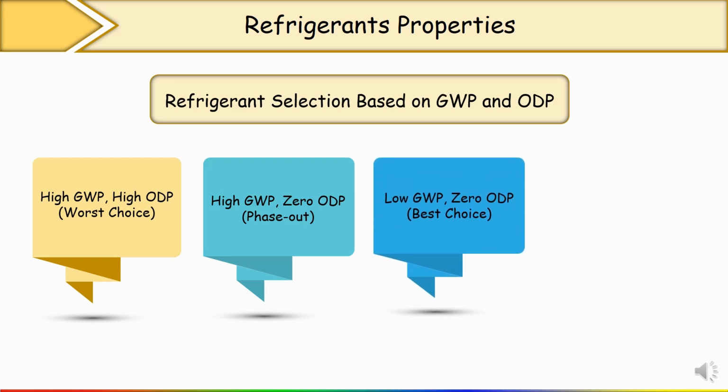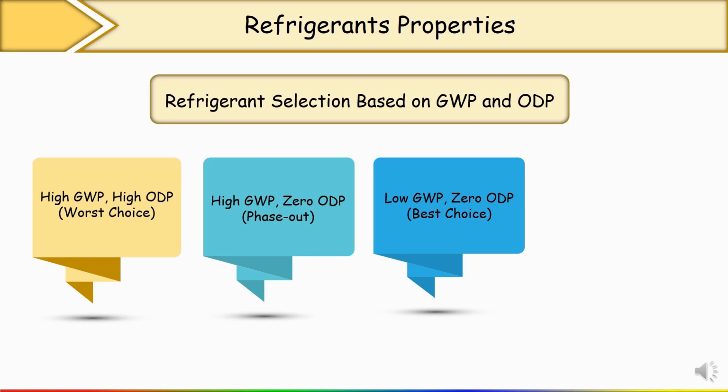Now the third condition: suppose the refrigerant has low GWP and 0 ODP. So this is the best choice, for example, natural refrigerants. As I discussed with you, in natural refrigerants we have different types like ammonia R717 and CO2.